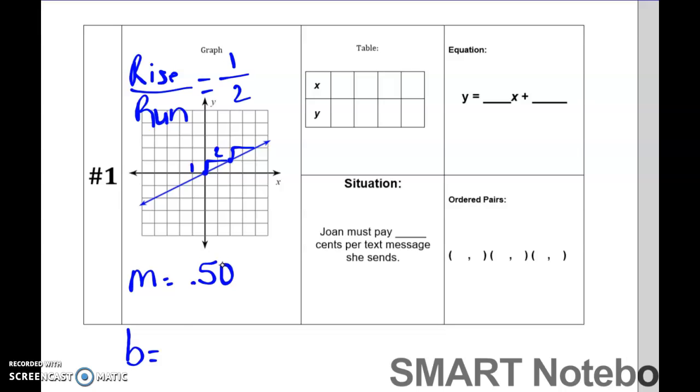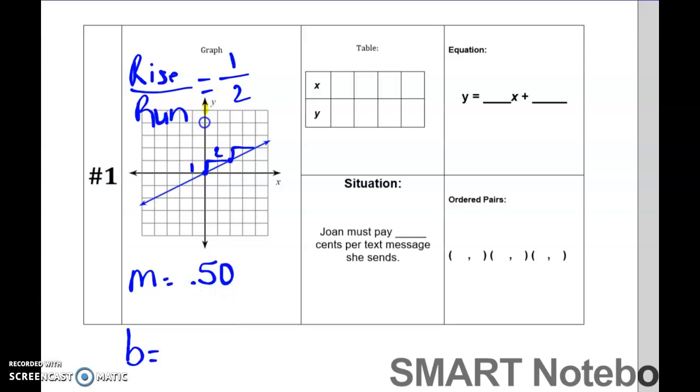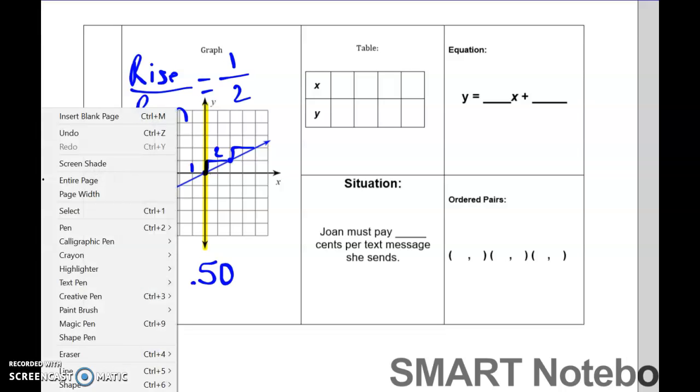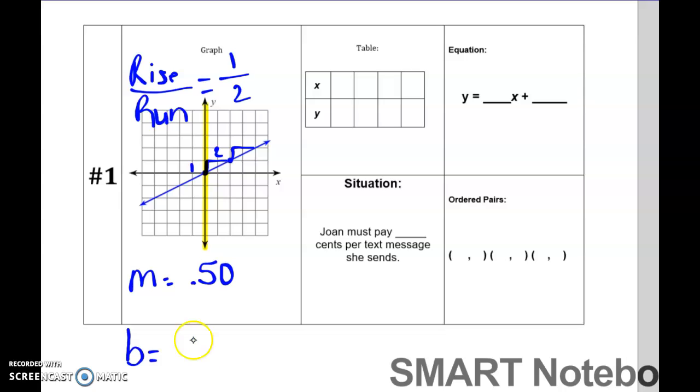Okay. Also, I'm going to find my y-intercept. So remember, I always like to highlight my y-axis. Okay. Where does my line cross the y-axis? My line crosses the y-axis at 0. So since it crosses at 0, my y-intercept is 0, which means my relationship is proportional.